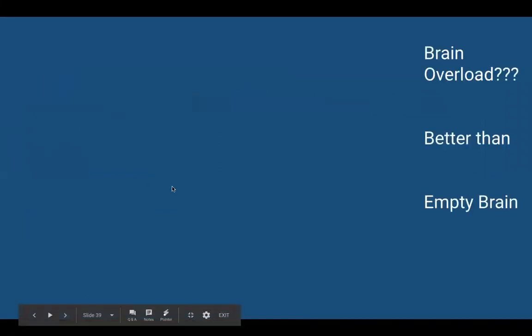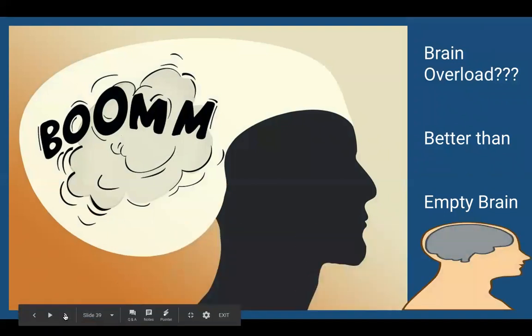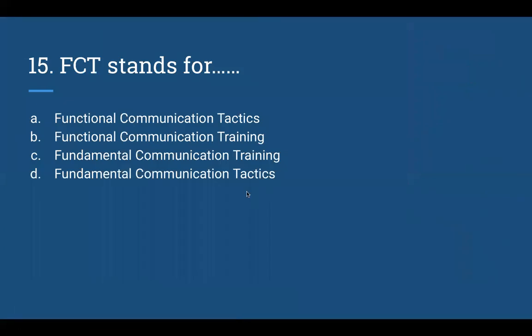Okay, brain overload, better than empty brain. I don't know. That's what I just came up with when I was doing this. I just looked at the questions and I was like, oh my God, so many of them. Brain overload equals empty brain. No, it's not. Okay, FCT stands for, that's so easy, functional communication tactics, functional communication training.